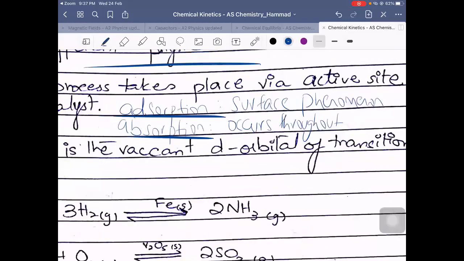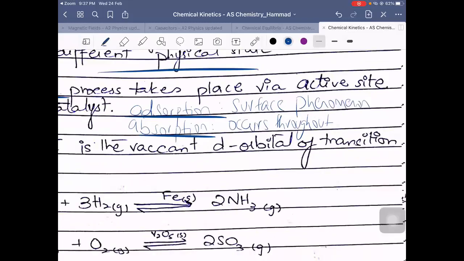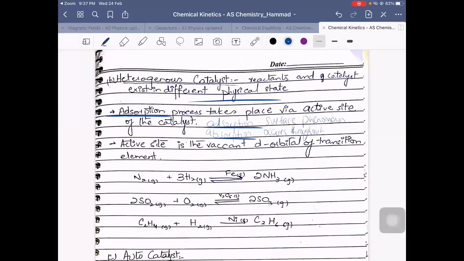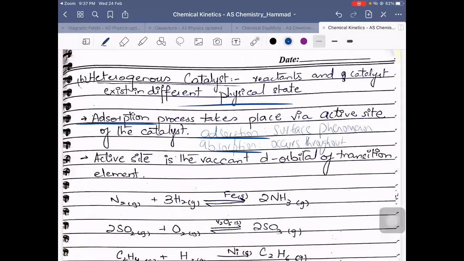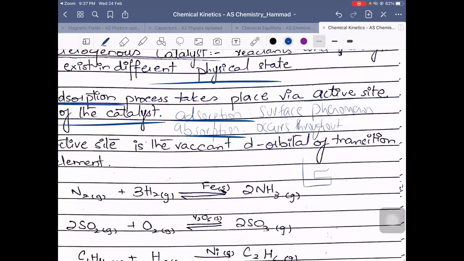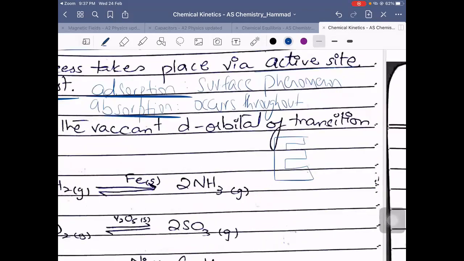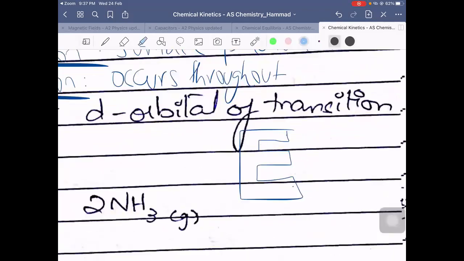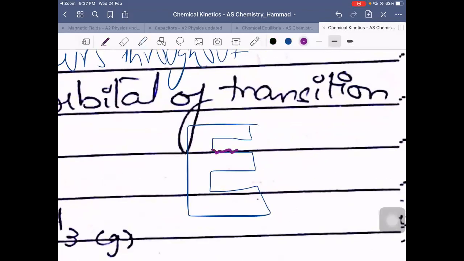So the reactant gets adsorbed on the active site of the catalyst. Adsorption process takes place via the active site of the catalyst. You know from O levels that a catalyst will have its active site. Let's say if this was a catalyst, this part tends to be its active site.